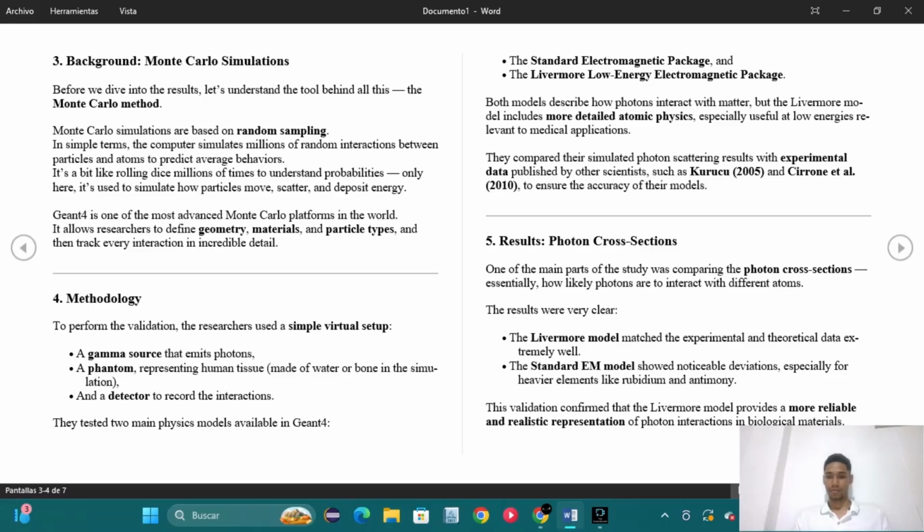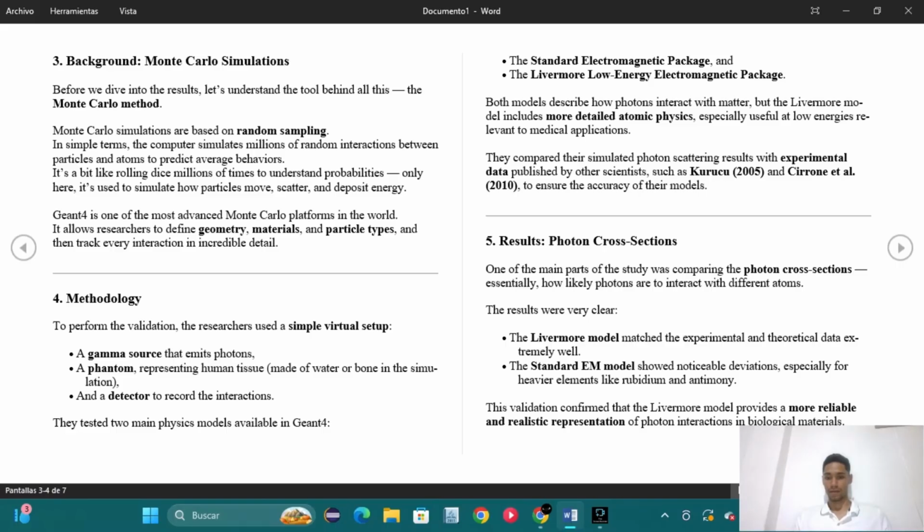Five. Results: photon cross sections. One of the main parts of the study was comparing the photon cross sections, essentially how likely photons are to interact with different atoms. The results were very clear. The Livermore model matched the experimental and theoretical data extremely well.